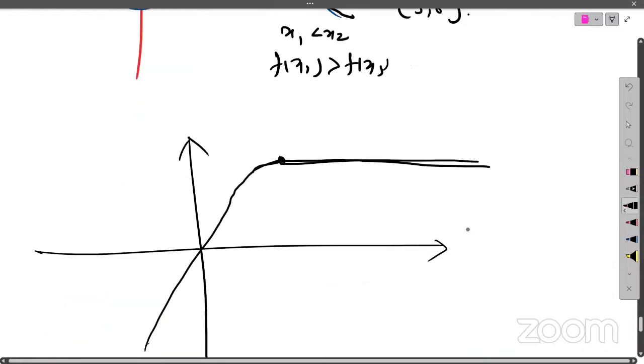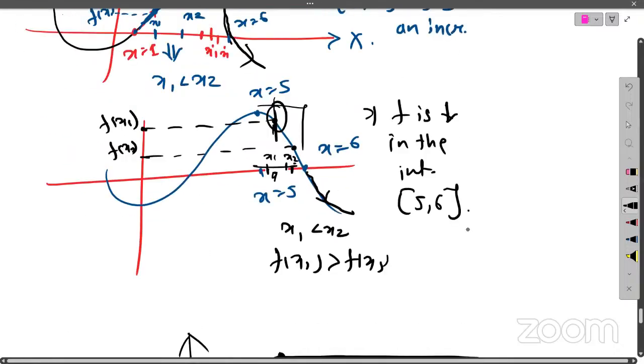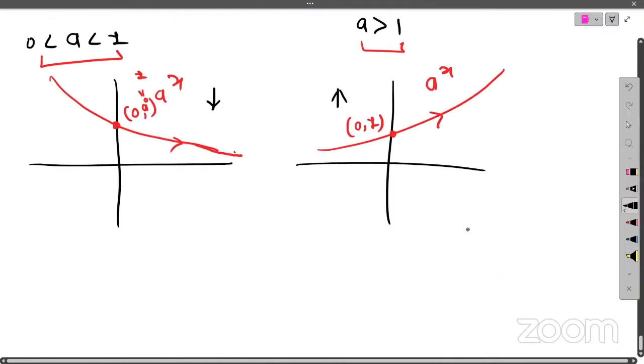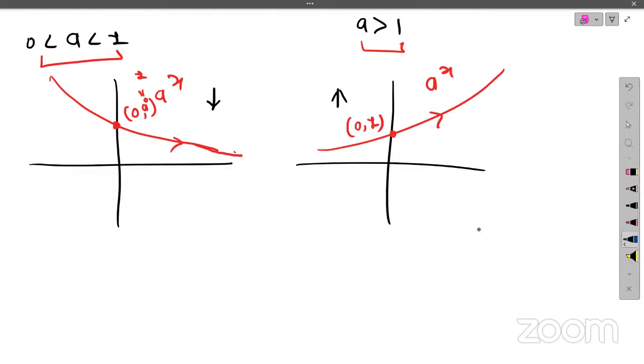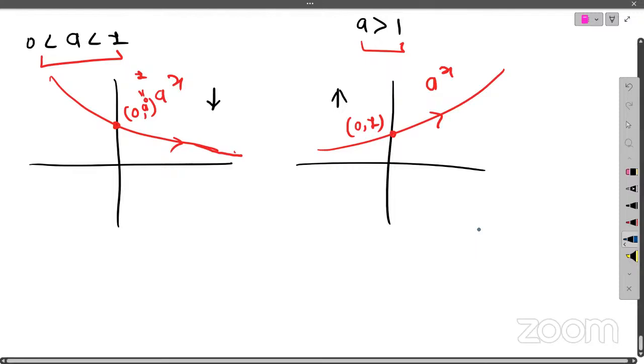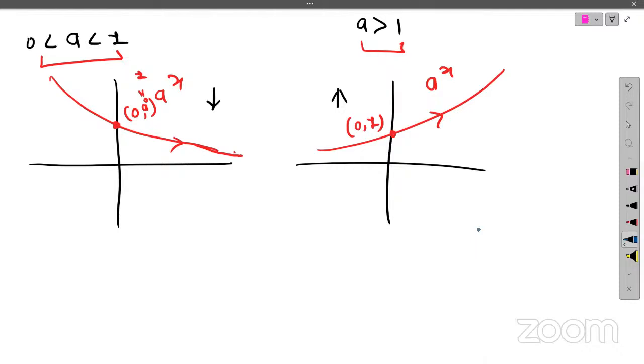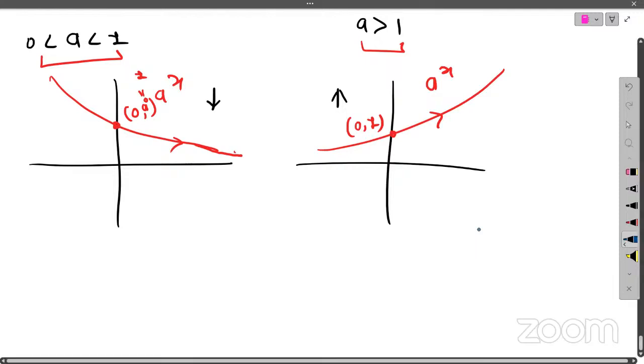Now there is one result which says that if we have a function which is either increasing or decreasing, that function is a 1-1 function. By the graph also we can say, this function is decreasing over the whole domain, not a particular interval. So if you draw any horizontal line, it will intersect this graph at most once.